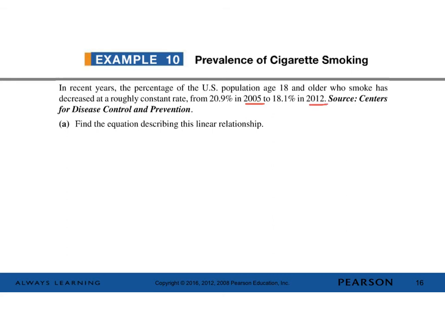So let's assume in this that we're going to set what's called a base year, so that we don't have to deal with such big numbers. And our base year is going to be 2000. So basically, for the year 2000, the x value is going to be 0. That's where we're going to start counting.